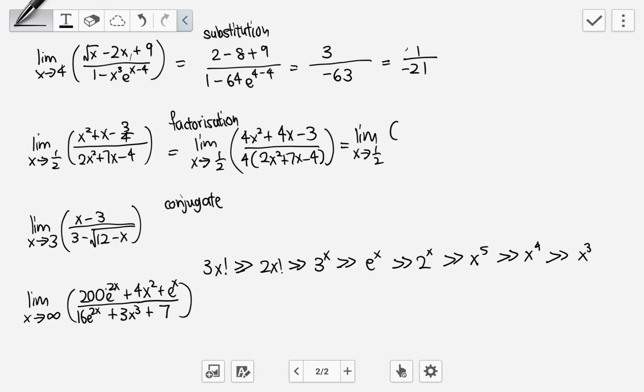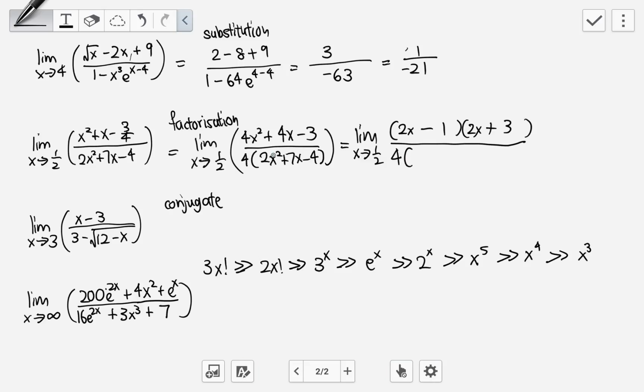Factorizing this, I get 2x and 2x, and 6 minus 2 will give me 4, so minus 3, this will give me minus 6x. So I want 6x, 6x minus 2x will give me 4x, so minus 3, 4x squared. Then over this one, 4.